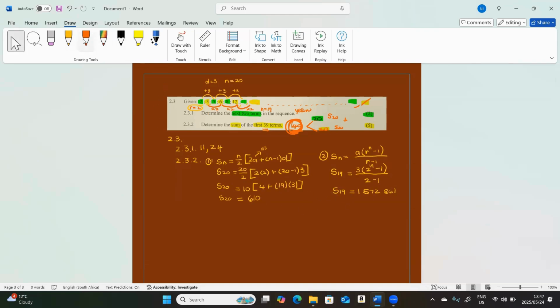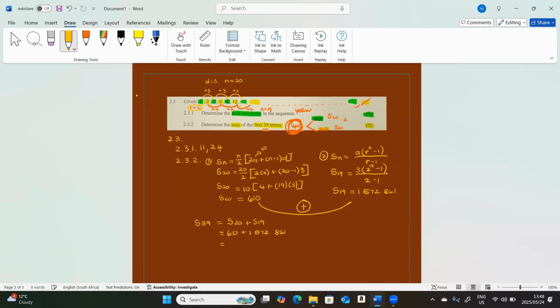So what we need to do to answer the actual question of 39 terms is add these two together to get to the first 39. So you are going to say that to get the sum of the first 39, you have to say the sum of 20 plus the sum of 19 of these two sequences, which is actually mixed into one, and therefore you would say 610 plus 1,572,861.